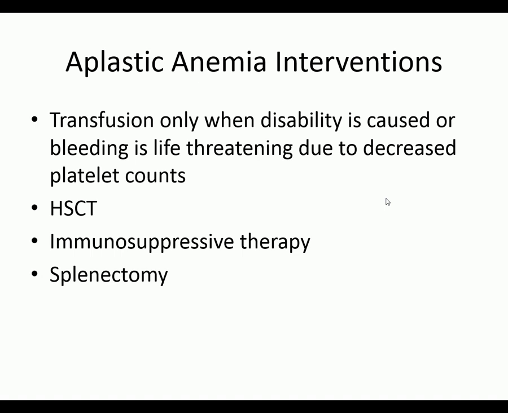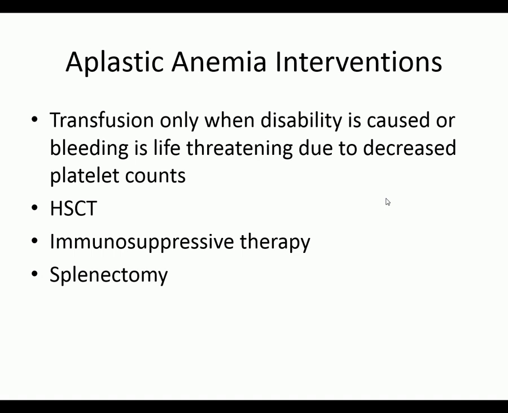Your ATG will suppress the T cell dependent autoimmune responses, so your stem cell transplant should be considered early in the course of the disease if you can find a compatible donor. Unnecessary transfusions will increase the likelihood of a transfusion reaction to platelets and decrease the lifespan of those transfused cells.